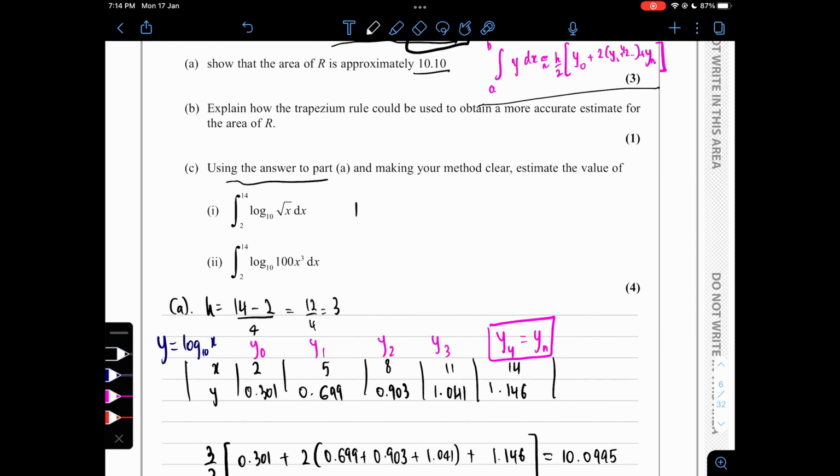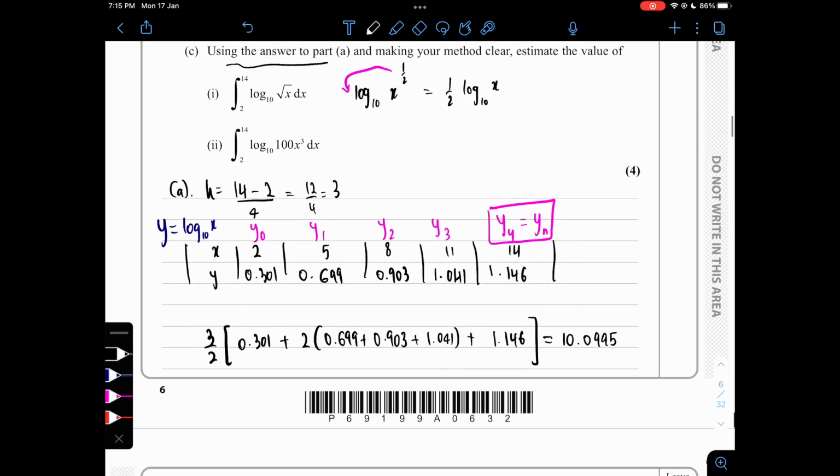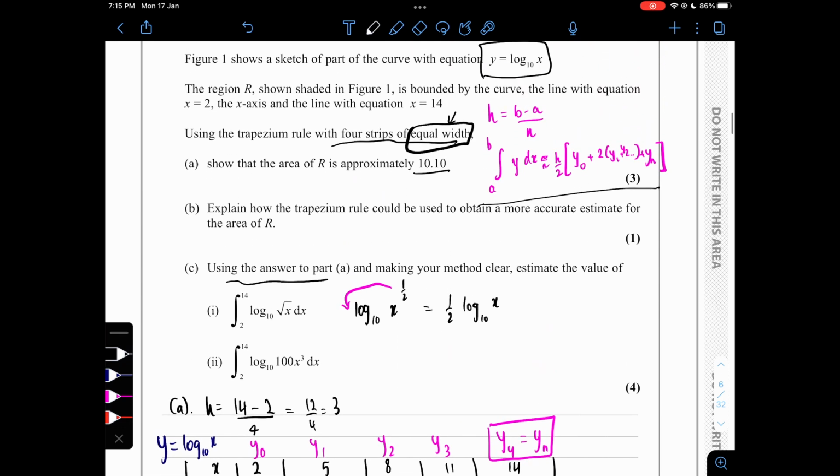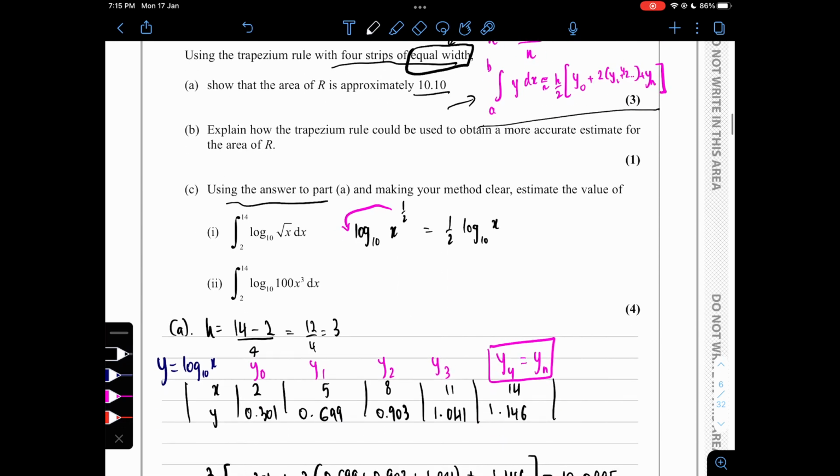Root x can be written as x to the power of half, and using the power rule, the half can come over here. So this would become half log base 10 of x. And we just worked out log base 10 of x in part A, so we can just take it out.